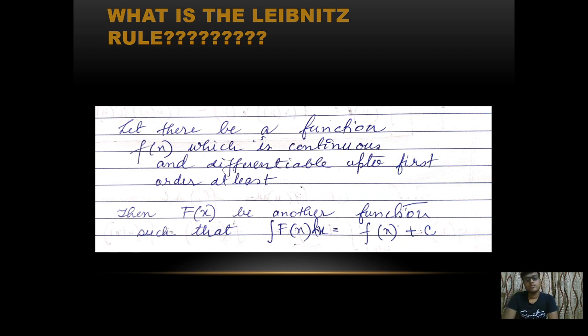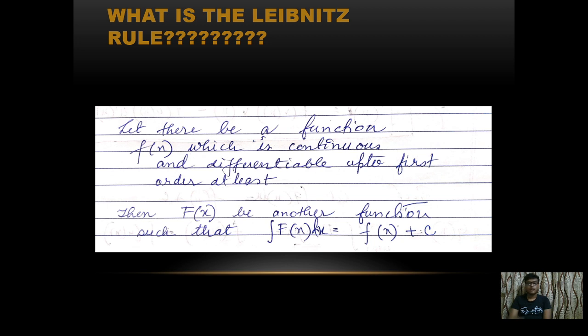Let there be a function small f of x which is continuous and differentiable up to first order at least. What do I mean by first order? If you see the second paragraph of this slide, the integral of capital F of x dx is equal to small f of x plus a constant of integration.